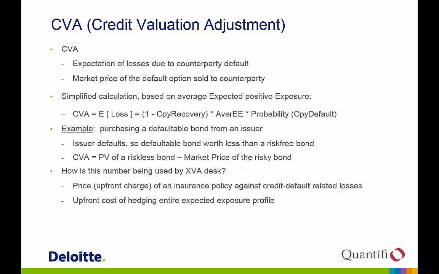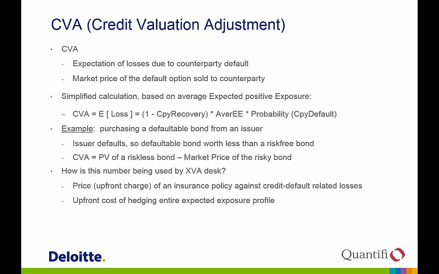At an XVA desk, those numbers could be used as price or an upfront charge for an insurance policy against credit default related losses, or upfront costs of hedging entire expected exposure profiles.